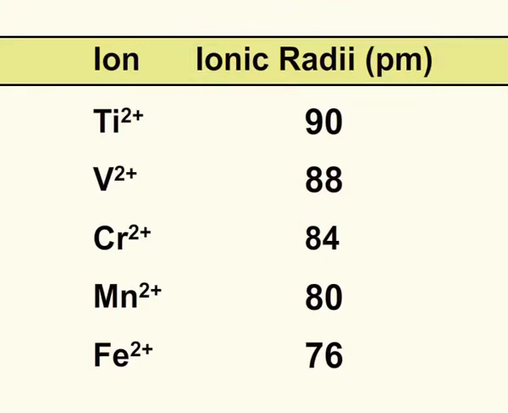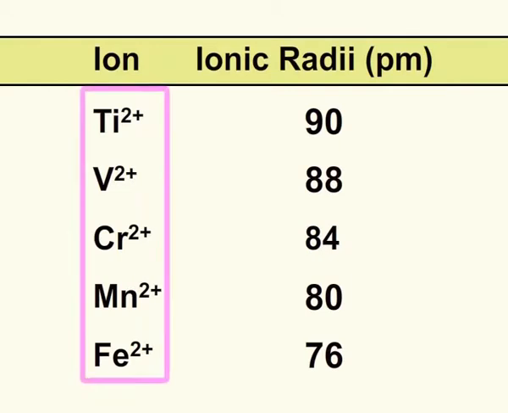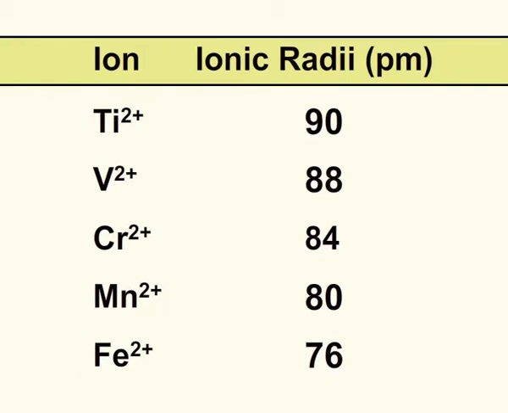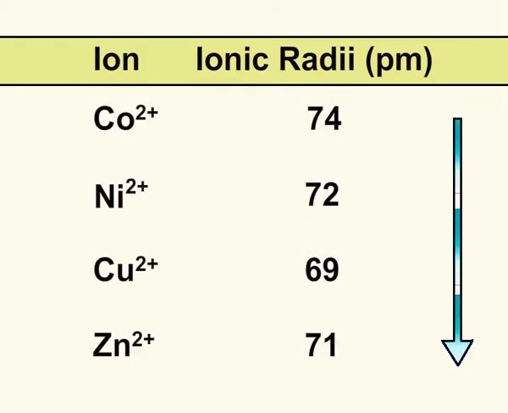The radii of bivalent cations, that is M2+, are given for comparison, although these elements have tendency to show variable oxidation states as shown on screen. The radius of the ion decreases along the series. This is because with the increase in the atomic number, the effective nuclear charge increases, thereby decreasing the radius of the ion.